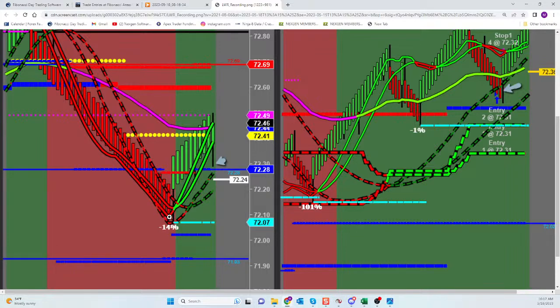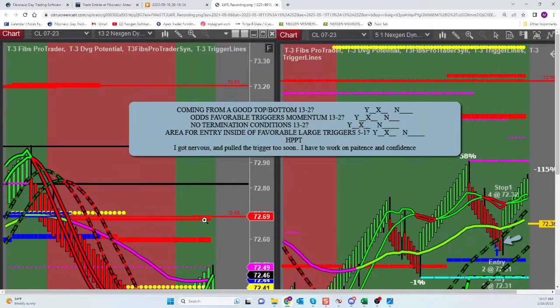And here, the market hasn't quite made it to the key areas, so it's a pivot. There is divergence, but remember, divergence is not a termination condition. It's when price retests divergence and the triggers don't pass through that it is a termination condition. So we're not at a good top or a good bottom, D, but it's not a deal breaker, right? If the rules are still met.